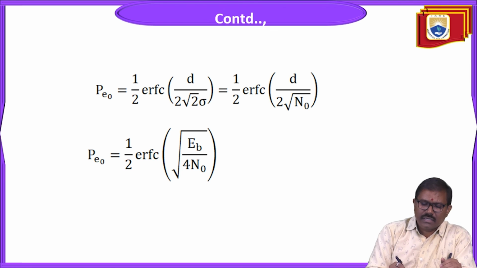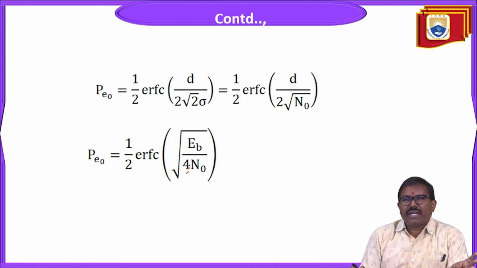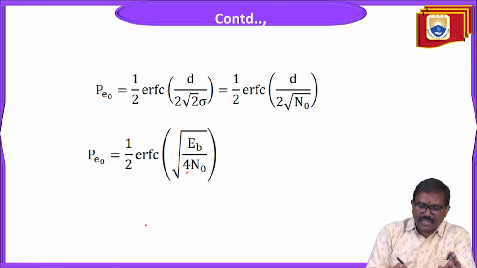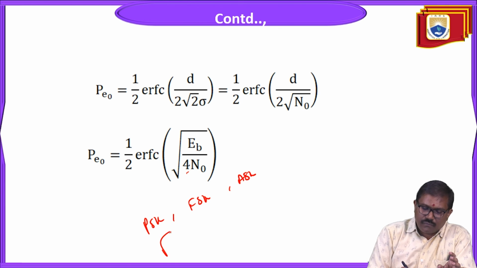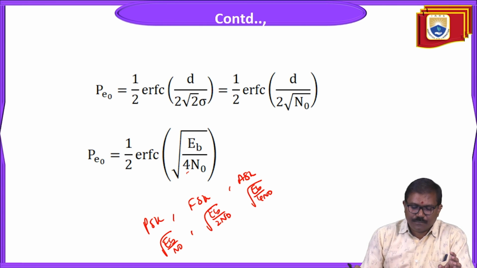So here again a further factor of 2 is added for PSK, FSK and ASK. So for PSK, FSK and ASK we have root Eb by N0, root Eb by 2 N0, root Eb by 4 N0.